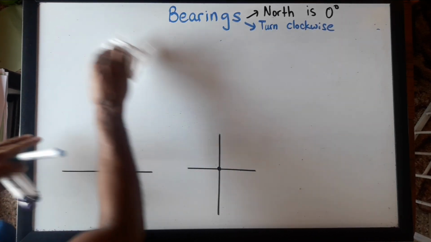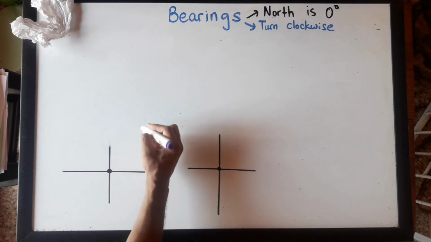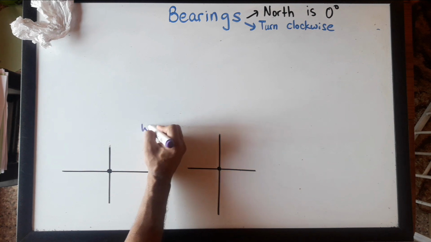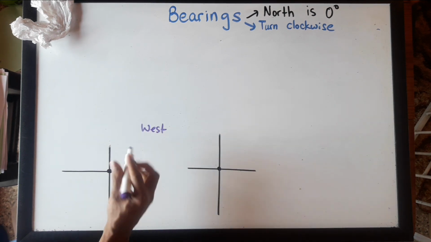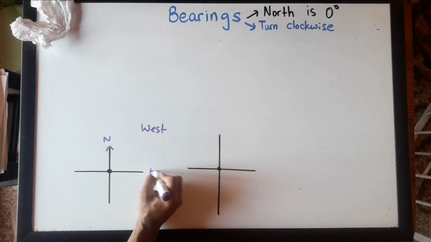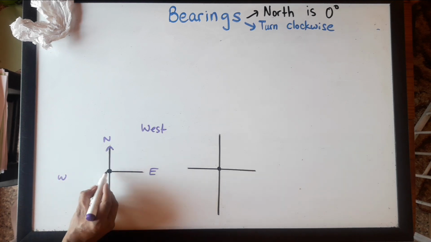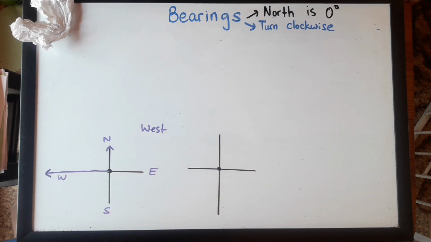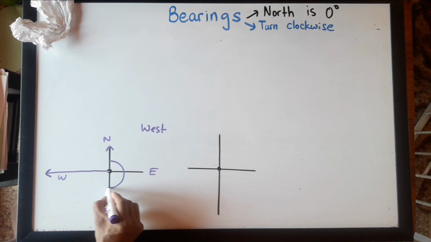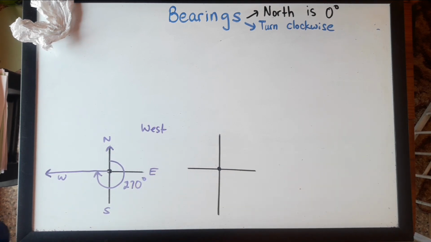So sometimes instead of giving you an angle, the examiner will tell you to walk in a particular direction. So let's say I ask someone to walk west. Well, there's no big calculations here. North, east, west, and south. The person would just simply walk that way. And by default, this whole angle is 270 degrees.